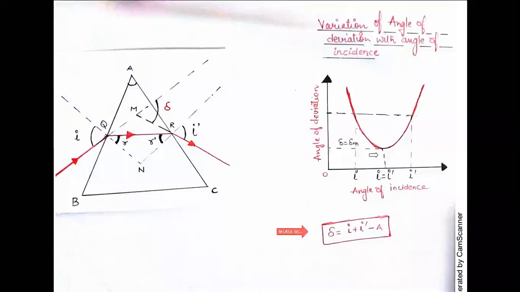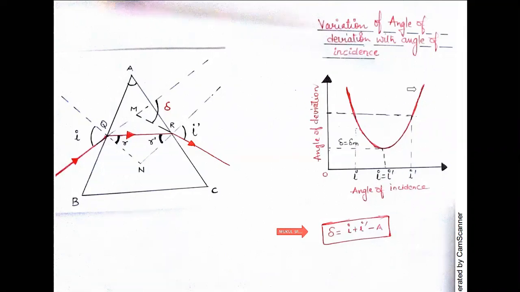Now, at I equals I dash, the angle of deviation becomes minimum. That means delta becomes equal to delta m. Now further, after I equals I dash, when the angle of incidence increases, the angle of deviation also increases.